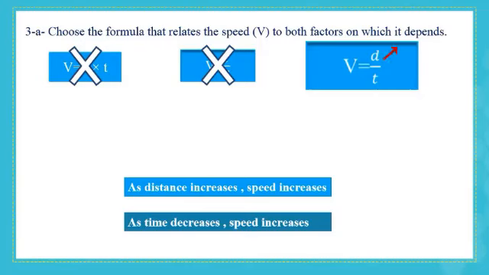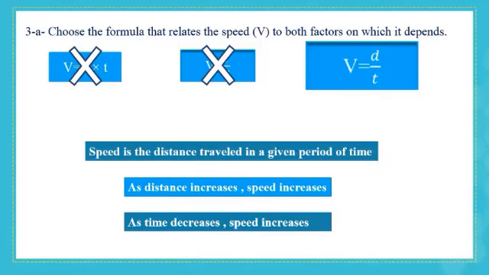Distance increases, speed increases; time decreases for the speed to be increased. So, to calculate speed, we have to divide the distance traveled by the time taken by a certain object.